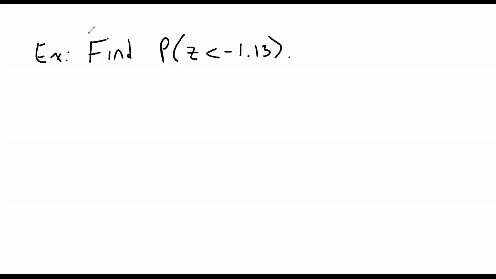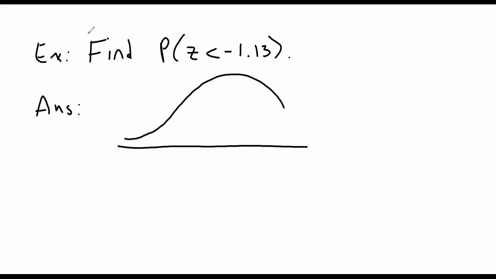Let's find the probability that Z is less than negative 1.13. One thing I will emphasize throughout the class is that drawing a good picture can really help you out. Let's see what happens if we draw this picture. First off, let's figure out where to put the Z that we're comparing to. In a standard normal distribution, the 0 is always in the middle. Negative numbers are to the left.